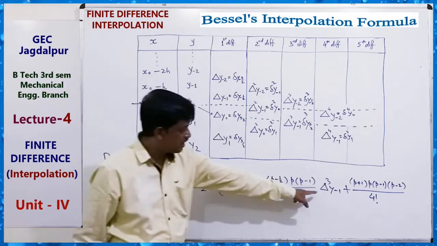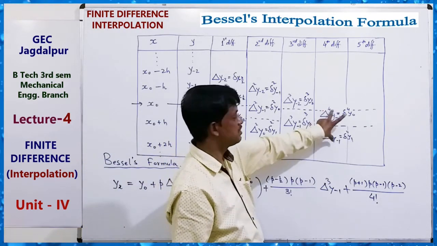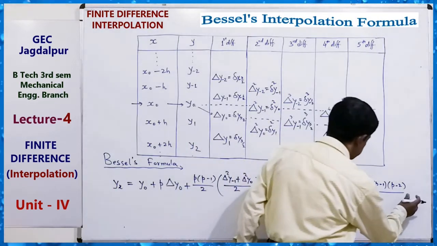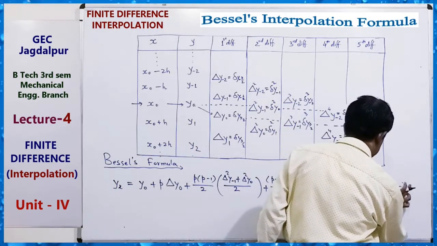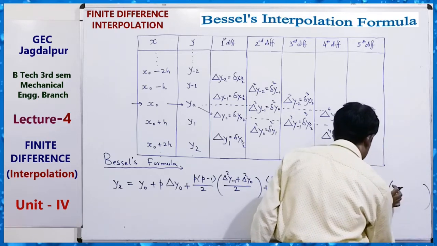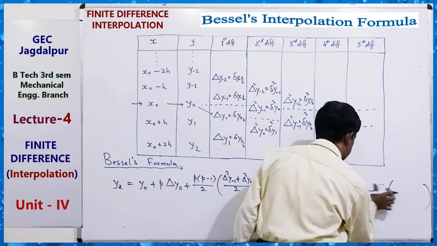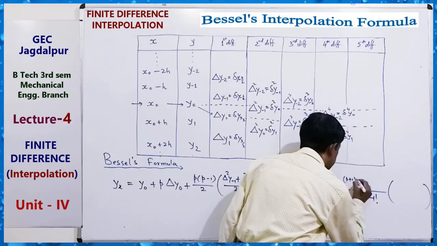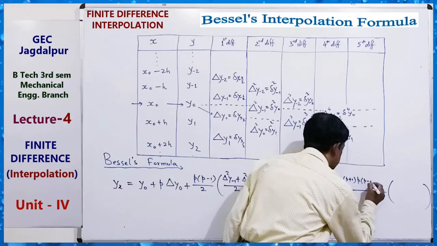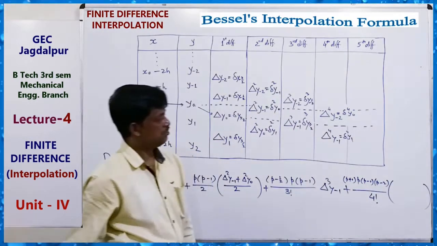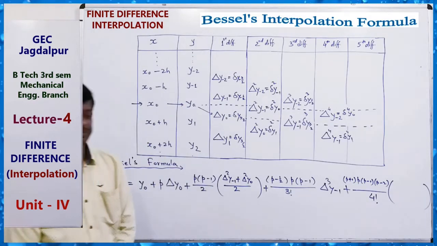And after this line, just take the average of these two. So this into... in short, just like P plus 1, P minus 1, P minus 2.